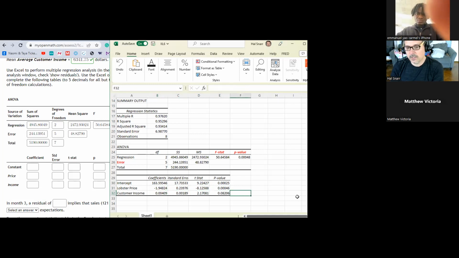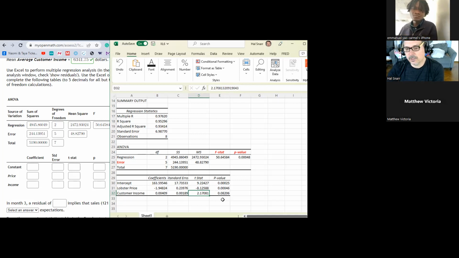These are probability values of being less than negative 8.12588 or being greater than positive 8.12588. This right here is the probability of being less than the negative of that value or being greater than the positive of that value.